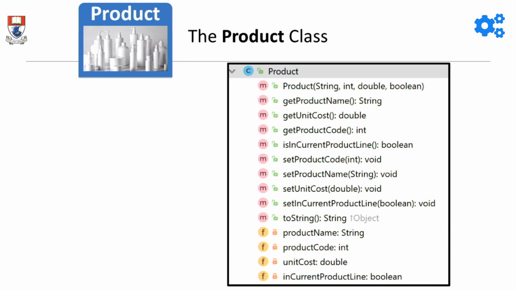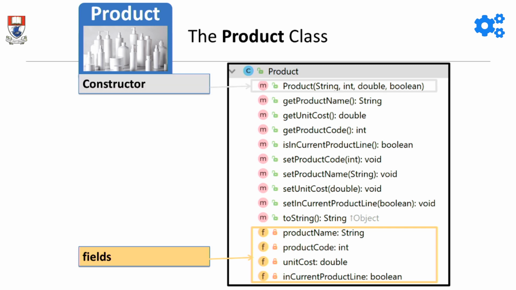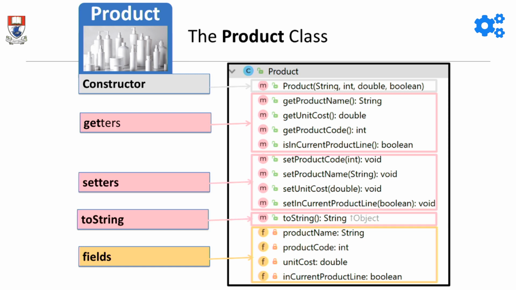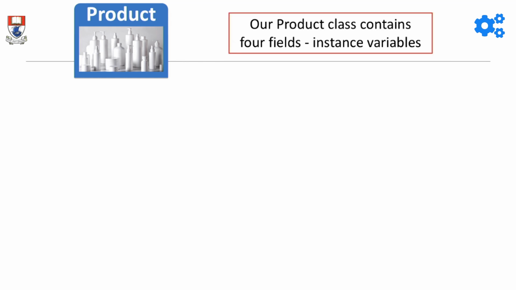We have the product class in IntelliJ. These are the fields. We had 4 of them. We had our constructor, the product method. We have the getters and the setters and the toString method. So we've been over these now 2 or 3 times at this stage, so we're not going to spend a lot of time going through all of this because there's no change.